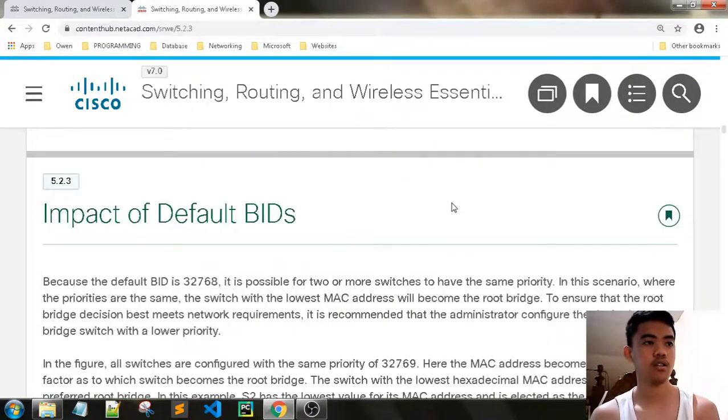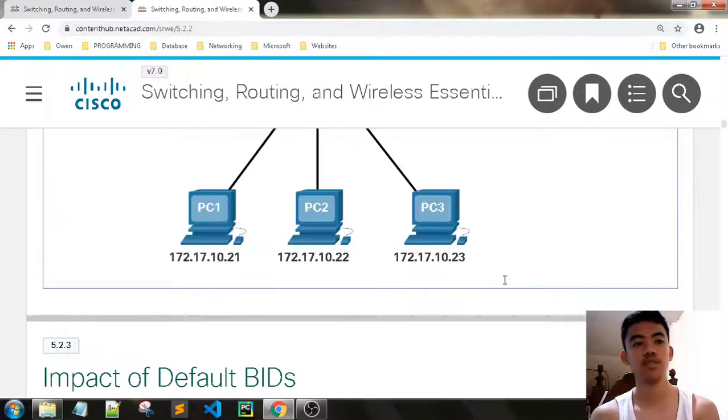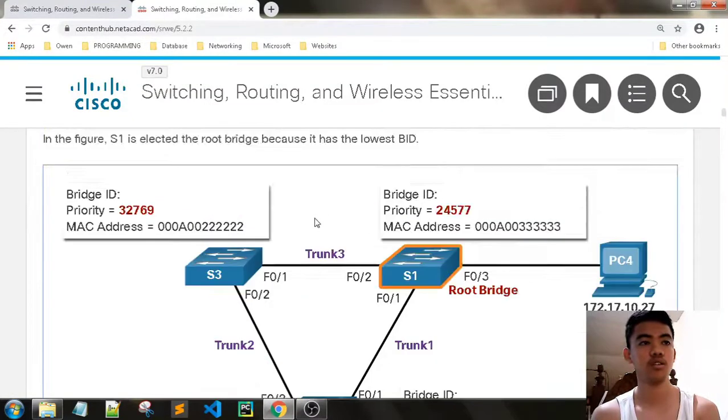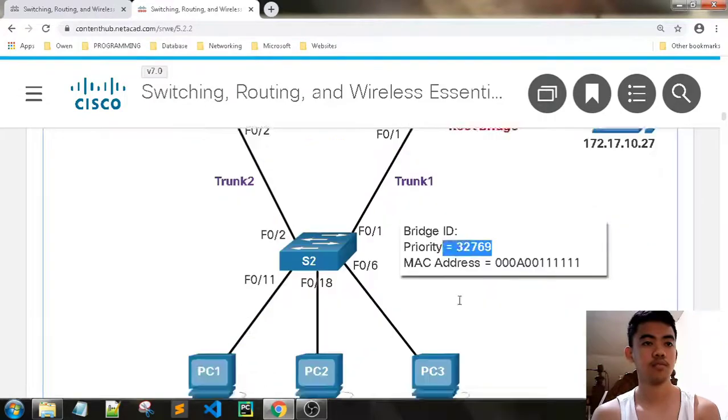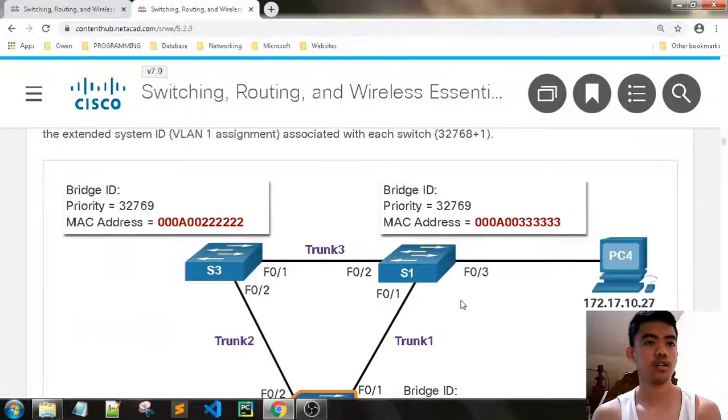Now, the impact of default BIDs. Because the default priority is 32768, it is possible for two or more switches to have the same priority, as shown here. So how can we select the root bridge?